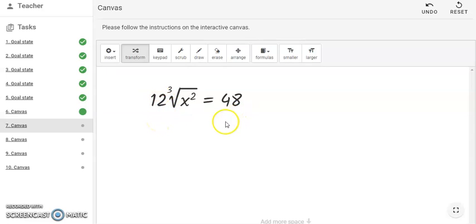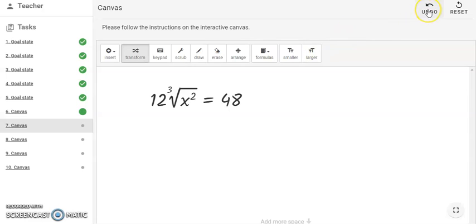I'd like you to do that step and simplify the right side of the equation. Then think about the steps we went through to figure out the value of x by changing this radical into a rational exponent, a fractional exponent, and then solve the equation from there. When you think you've completed it, turn the video back on.